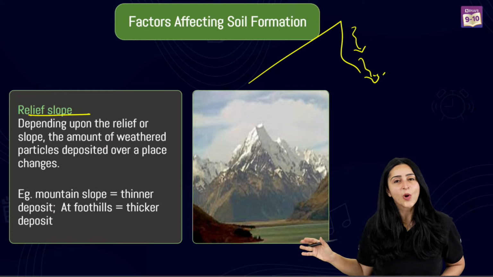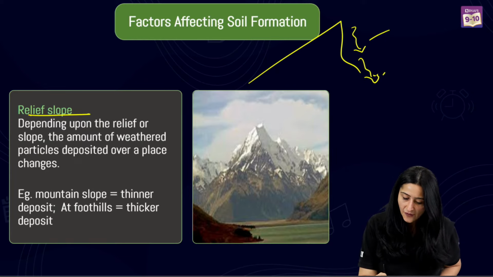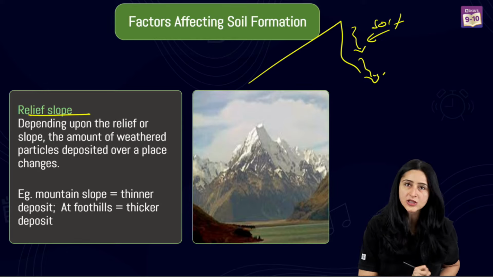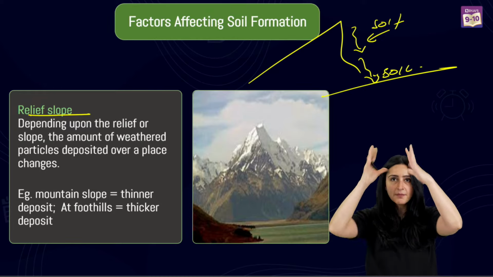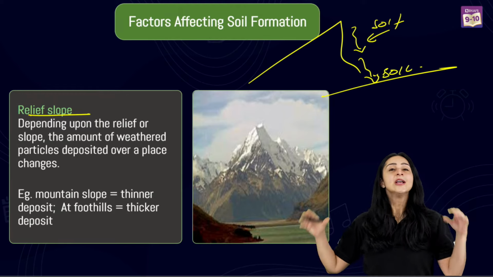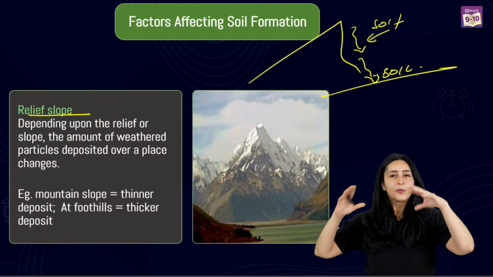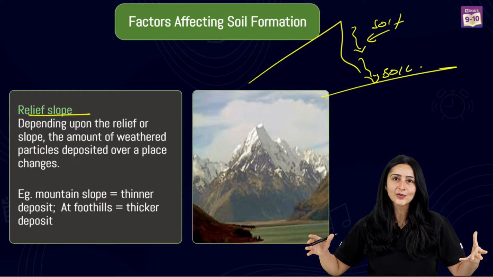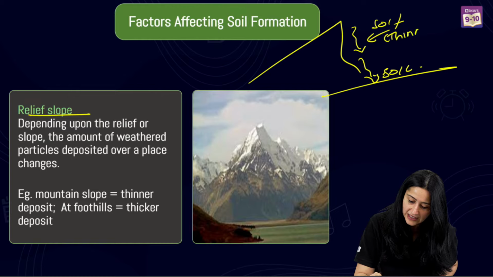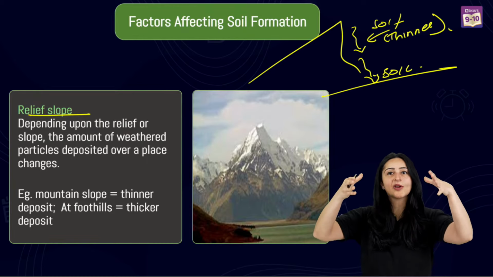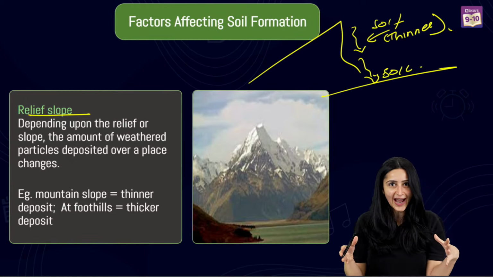As a result, you will have soil formation happening here because of disintegration, and you have soil formation happening at the bottom because the soil is falling down. Now, talking about soil formation on altitudes or slopes, as it is falling down here, you will have a thinner deposit of soil because it's not really staying on the slope, it's falling down.